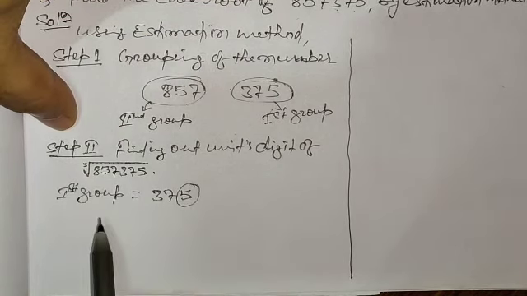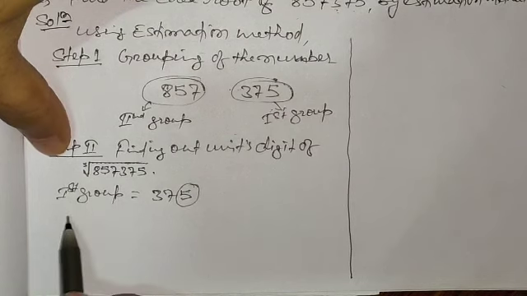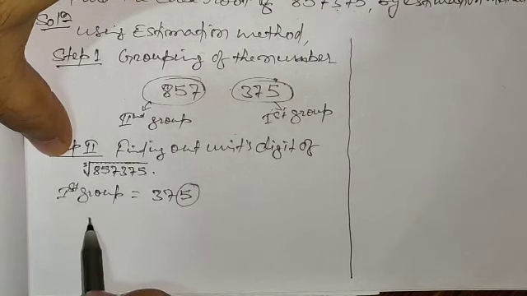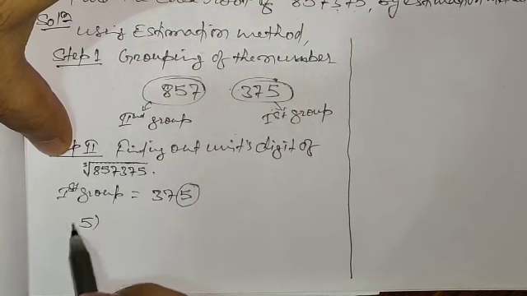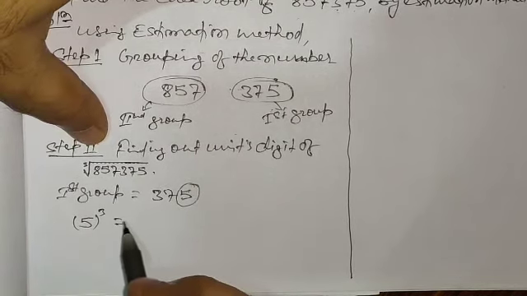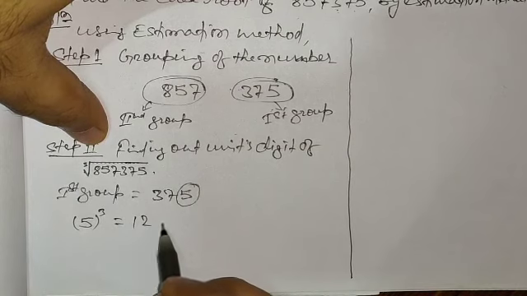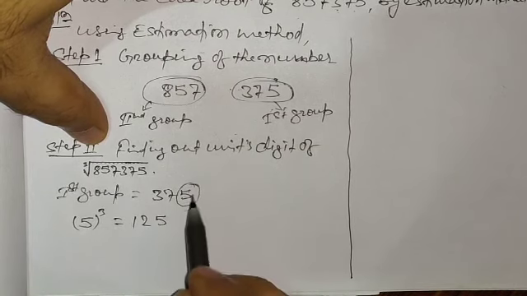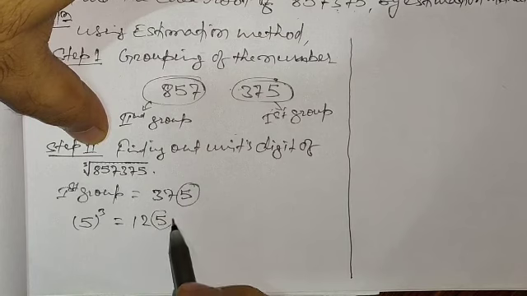So we have to use 5 into 5 into 5. We can show that also, like 5 cube is equals to 125, and see here it is 5, so here we are also getting 5.